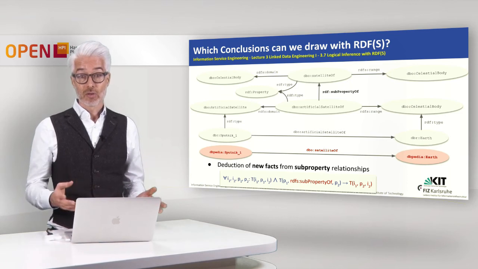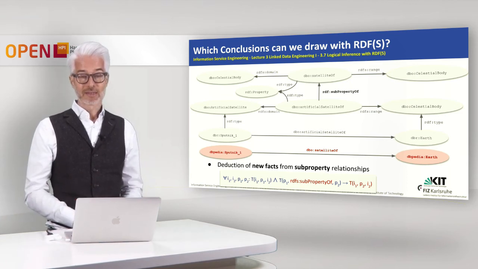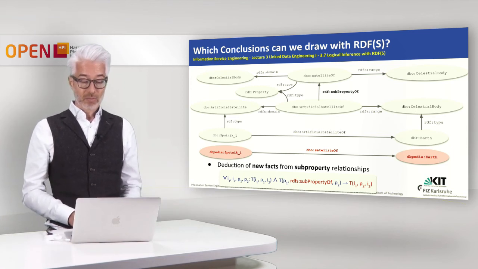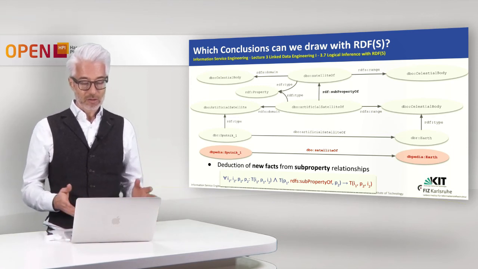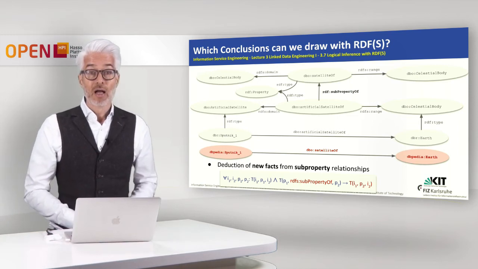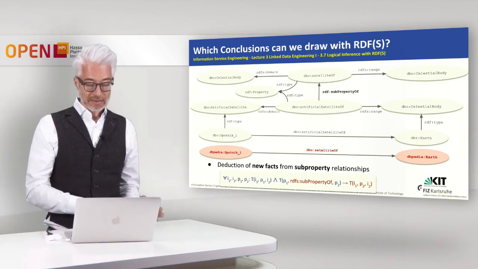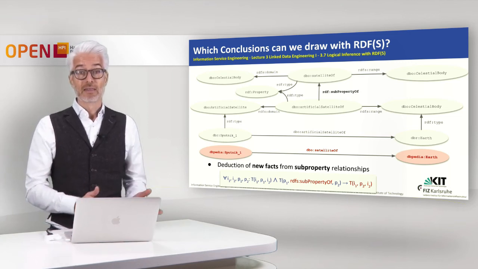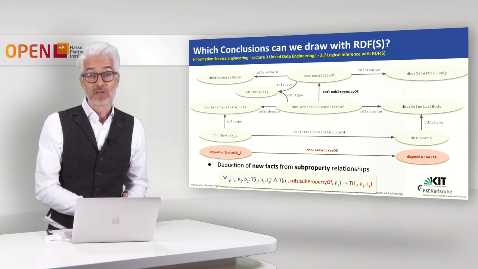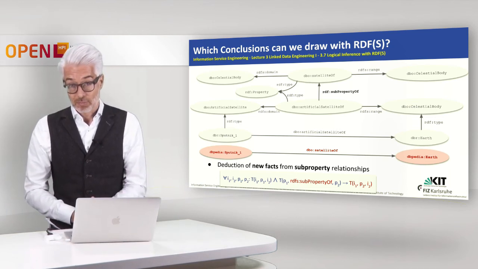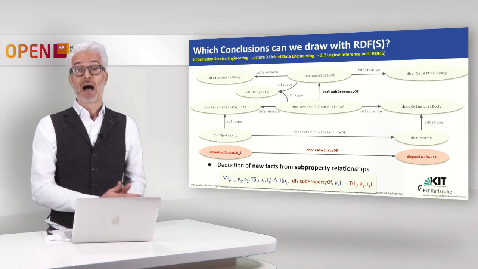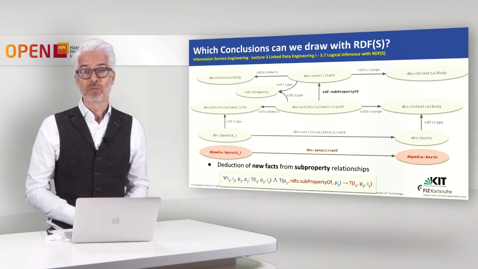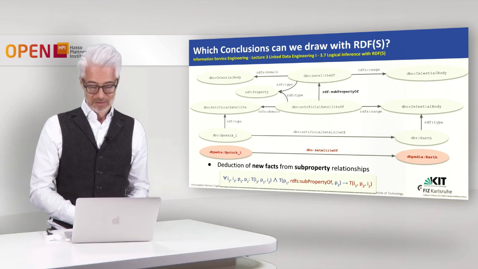And the deduction is drawn from the following rule that states that for all individuals I sub 1 and I sub 2 and all properties P sub 1 and P sub 2, it holds that if I consider a triple like I sub 1, property P sub 1, I sub 2, and we say that property P sub 1 is a subproperty of property P sub 2, then it holds that I sub 1 also is connected to I sub 2 via this new property, the superproperty P sub 2.